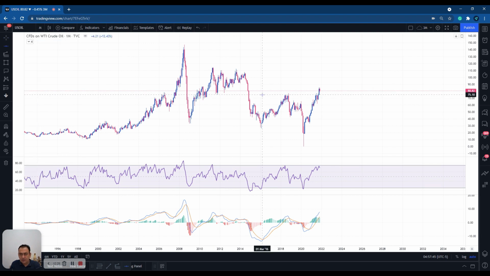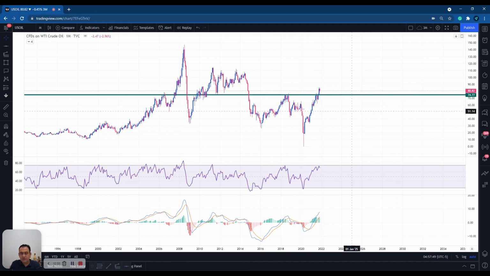This swing high, which is around 74, 75, was broken, and what's going on now?